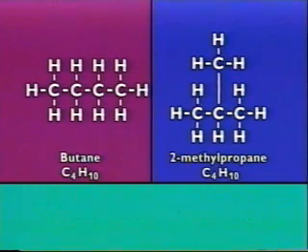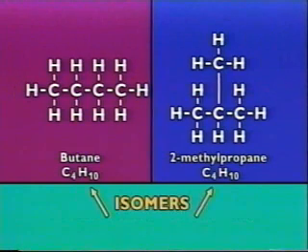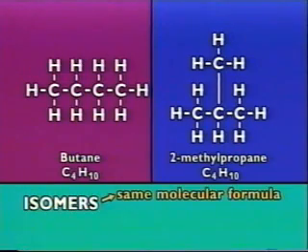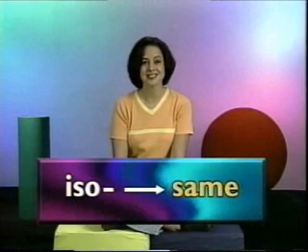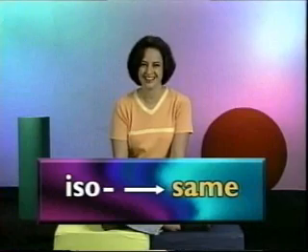We say that butane and 2-methylpropane are isomers of one another. Isomers have the same molecular formula, but different structures. You may remember from biology or chemistry that the prefix iso means same, and that's how it's applied here. So they're the same, only different.